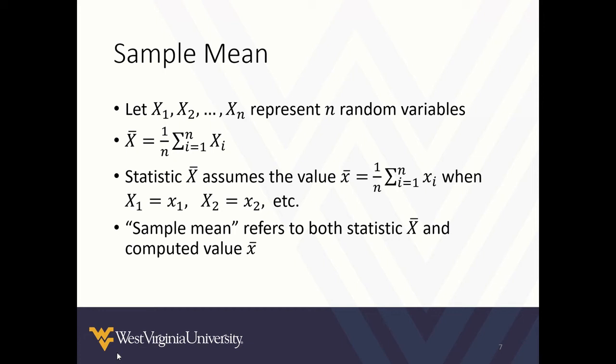And our sample mean statistic assumes that the value of lowercase x bar equals 1 over n multiplied by the summation of i equals 1 to n of xi, when capital X1 equals lowercase x1, and so on for all of the xi's. And so when we say sample mean, this is going to refer to both the statistic and the computed value.